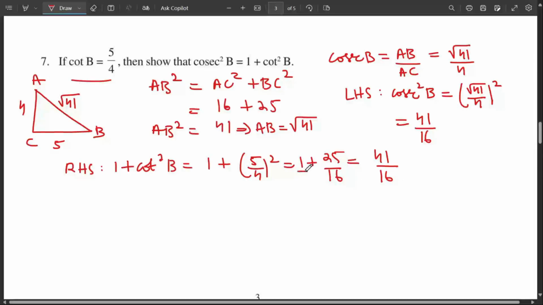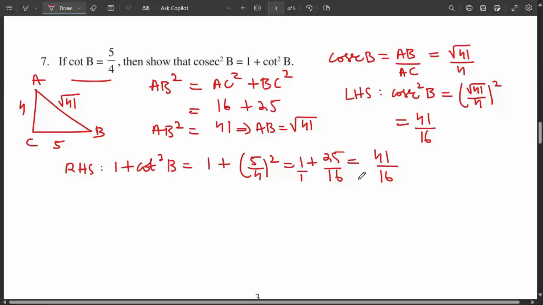Since the denominator is 1, you can't directly add these two fractions. That's why you have to make the denominator of the first term also equal to 16. So you find the LCM of 1 and 16, which is 16. Then you multiply and divide the first term by 16, so it will be 16 by 16. Then you can add the numerators. So 16 plus 25 is equal to 41, and the denominator 16 as it is.